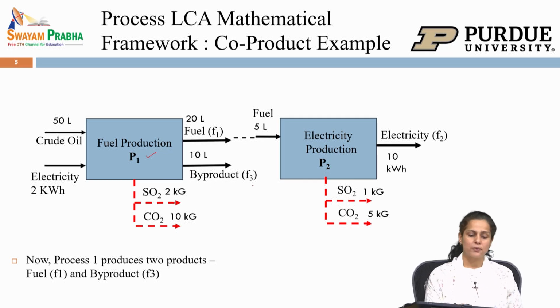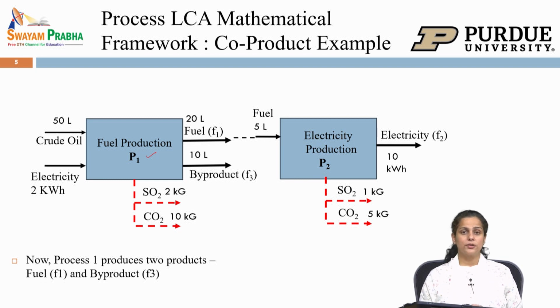Of course, if this byproduct is a complete waste, it does not have an economic value, then we can say that all the impact is for the fuel production itself. But if the byproduct has an economic value and it gets utilized, then we should not be assigning all the impact of process 1 to the fuel.